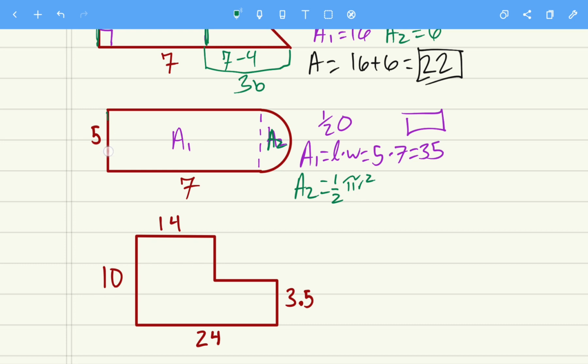Now, this side here with the 5 is the same as this side, so the diameter is 5, which means half of that is 2.5.